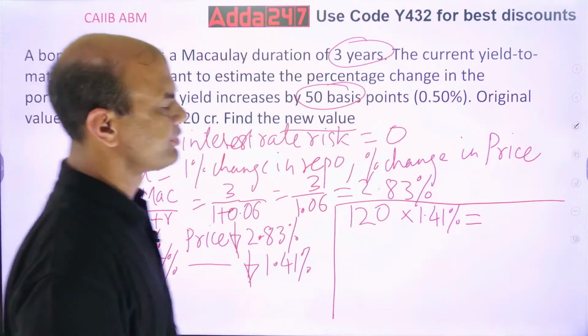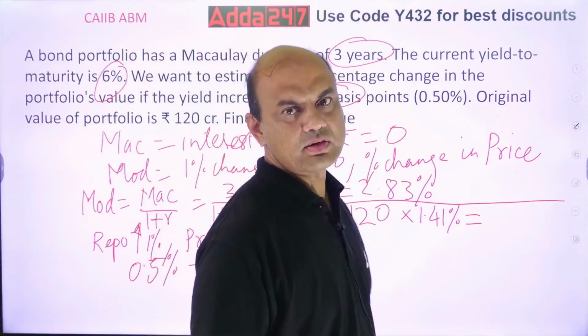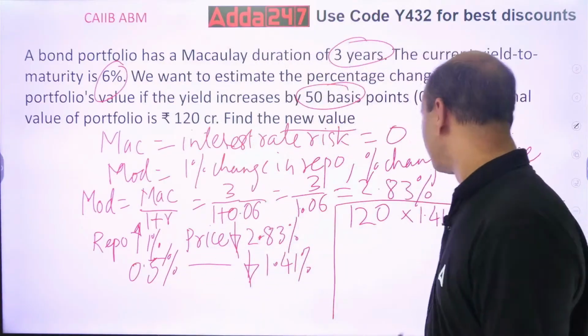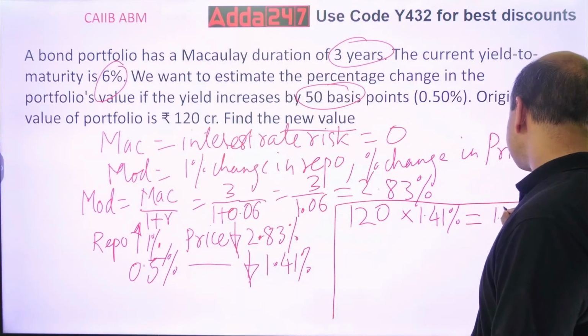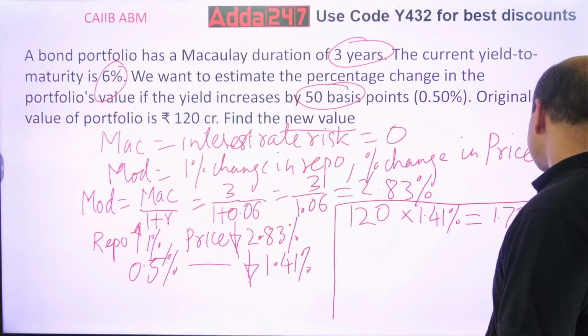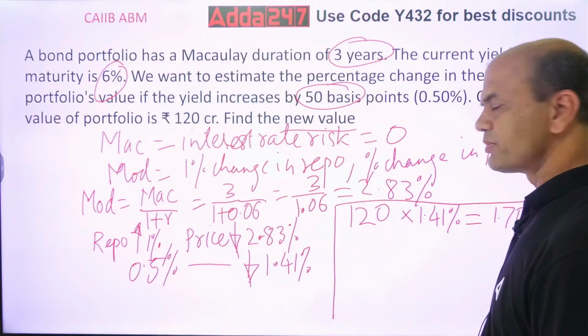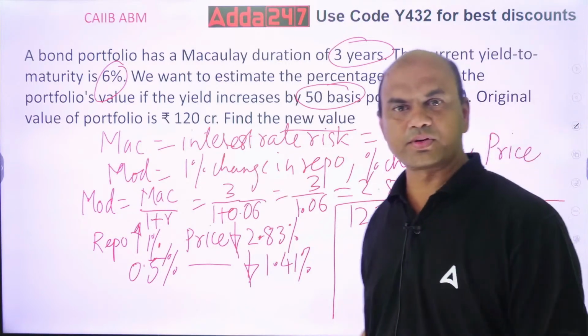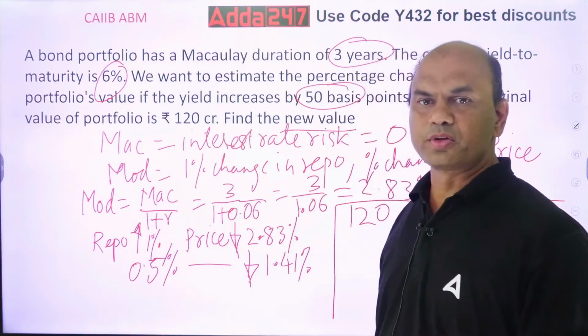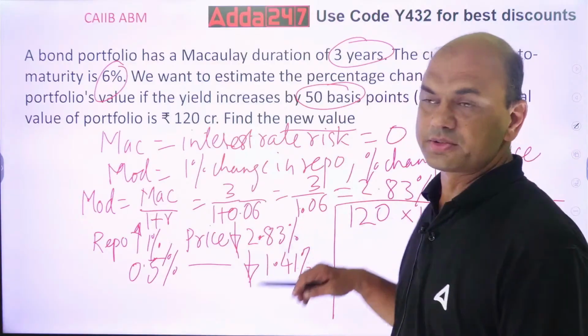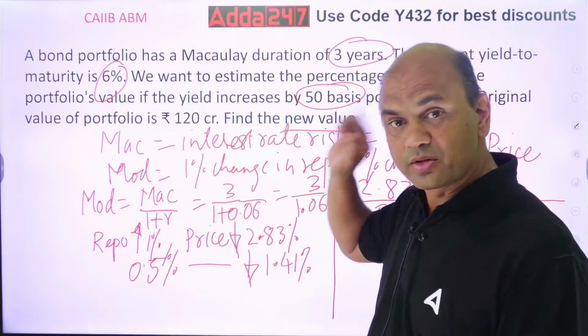Isn't it? What are you getting? 1.70. This is in crores, because this was in crores. So 1.70 crores. Got it, everyone? So the value of my portfolio will fall down by 1.70. But what am I asked? Find the new value.